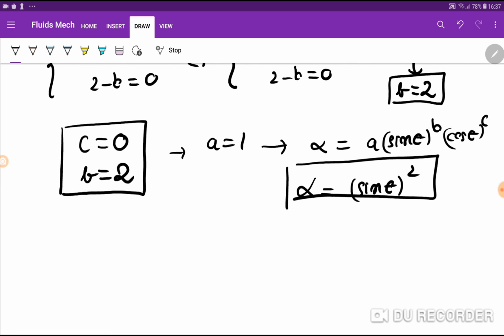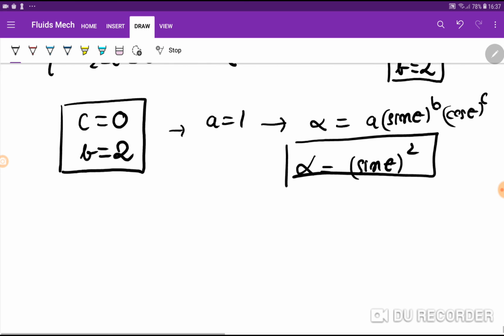Like, sincerely. So now, why say a equal 1? Actually, a can be anything. If you trust me, this is an exercise for you.